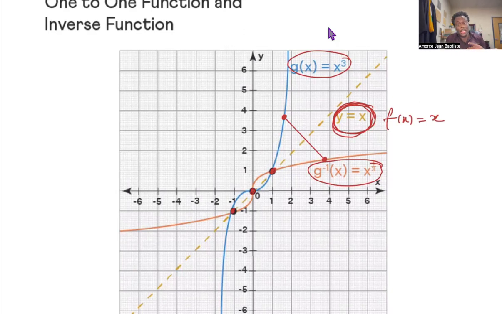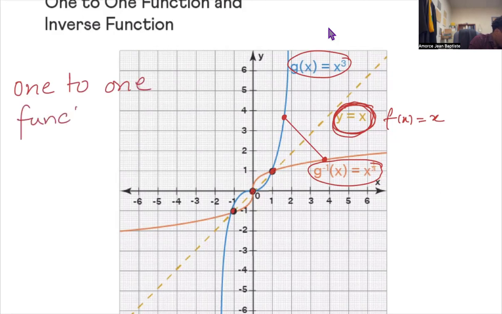First, you need to have a function that is one-to-one. That means each x has exactly one y and each y has exactly one x. That's one-to-one. And if it's one-to-one, it has an inverse. So one-to-one functions have an inverse.